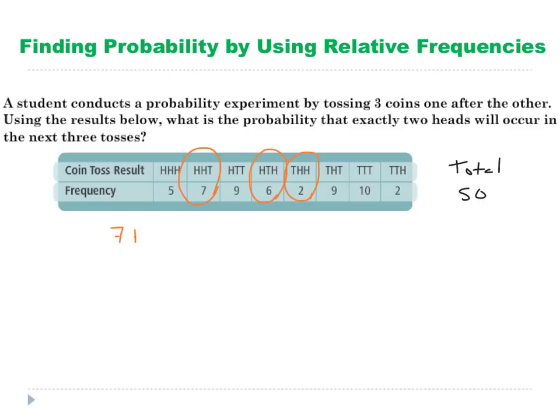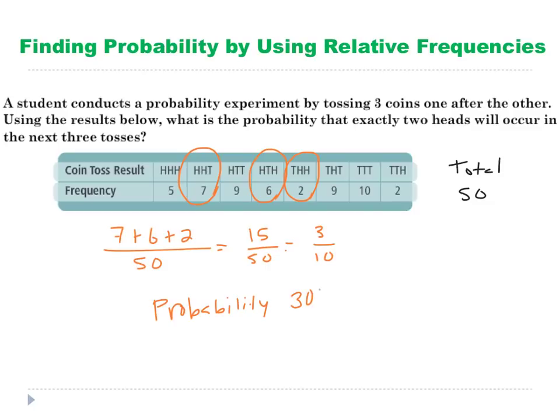So we have 7 plus 6 plus 2, all out of our 50 total. So 7 plus 6, 13, plus 2, 15 out of 50, which simplifies to 3 out of 10, which then gives us a probability of 30%.